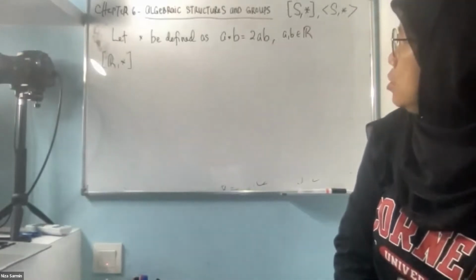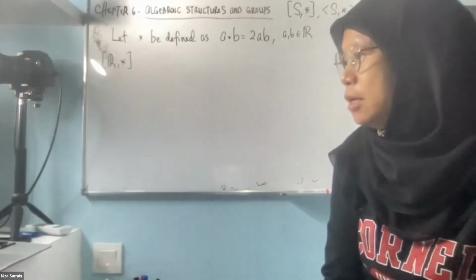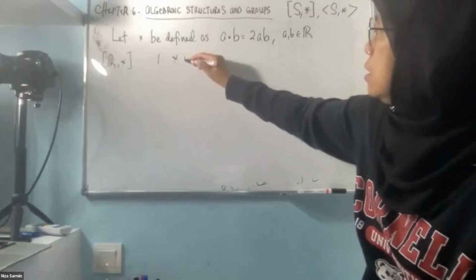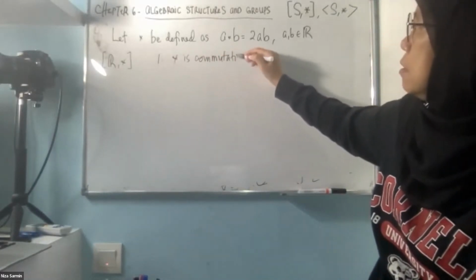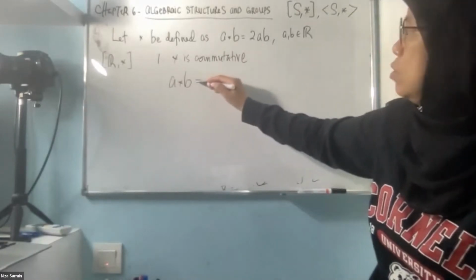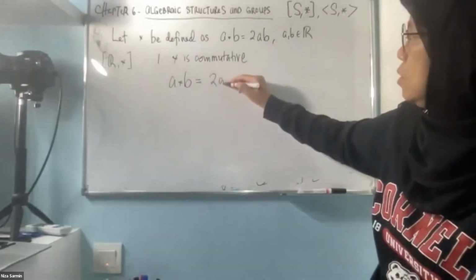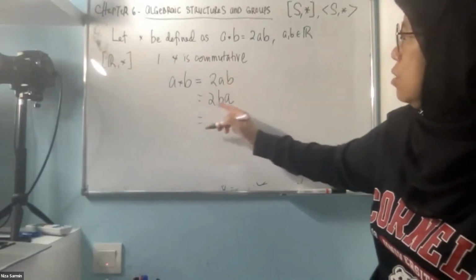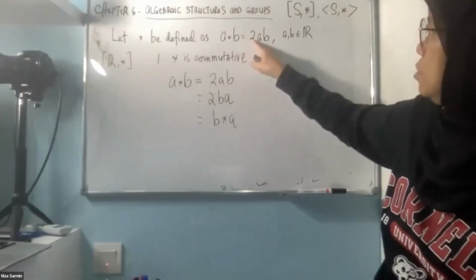A star B is 2AB, not the normal AB, just AB. The first one, star is commutative. Easy, right? Because for A star B, you want to show this to be B star A. So it's 2AB, which is 2BA, and 2BA is actually B star A.